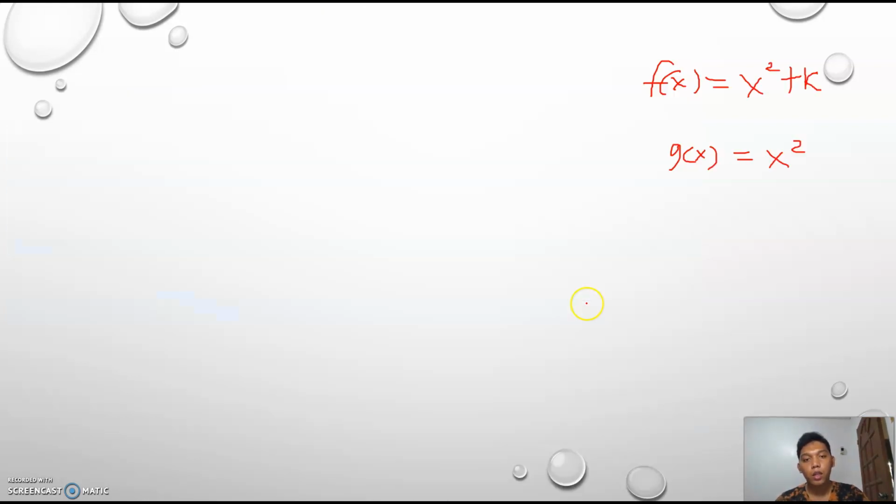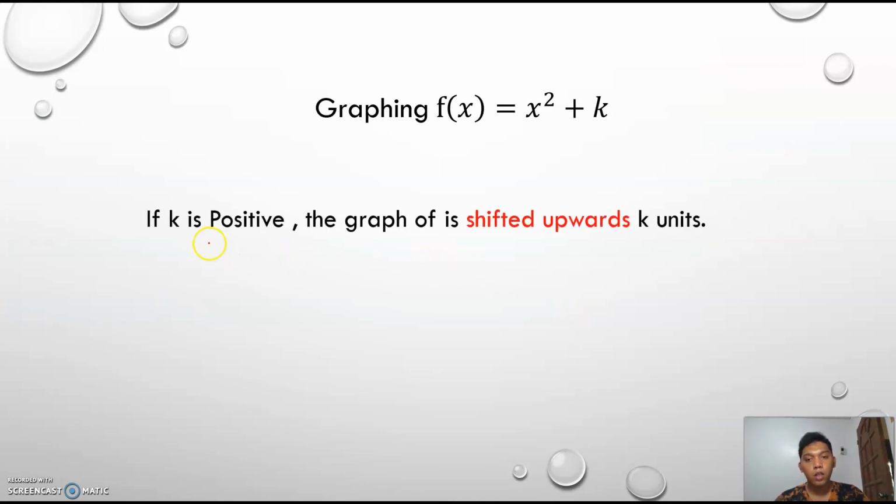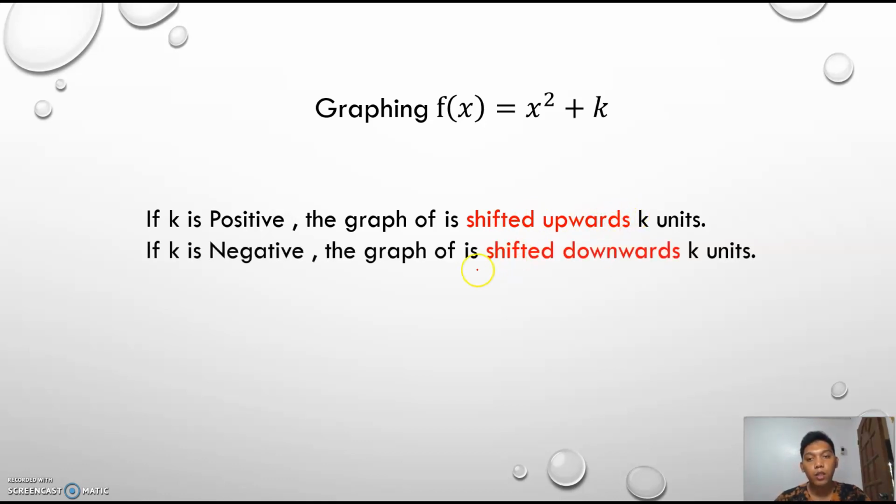So the implication of k is, if k is positive, then the graph is shifted upwards k units. If k is negative, the graph is shifted downwards, referring to the graph of y equal to x squared, by the absolute value of k units.